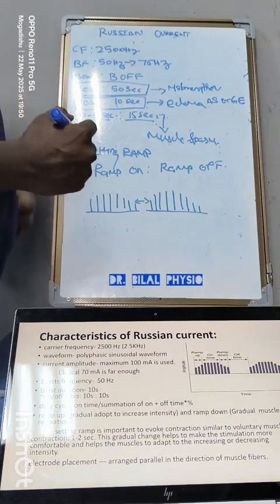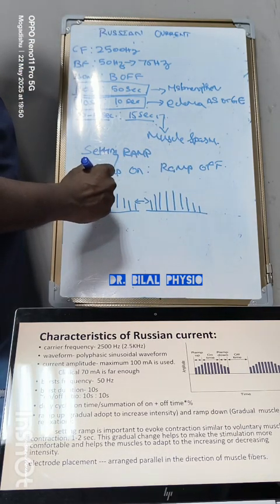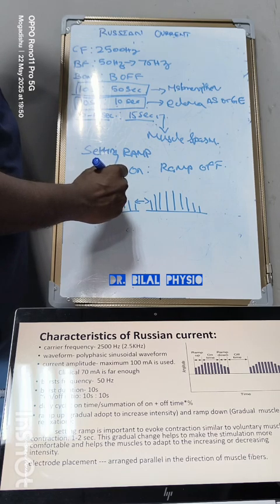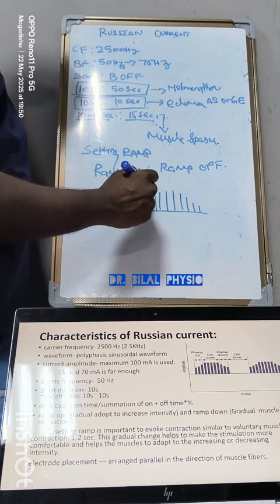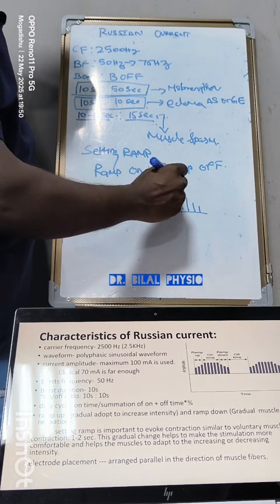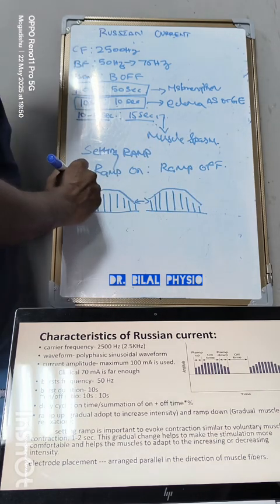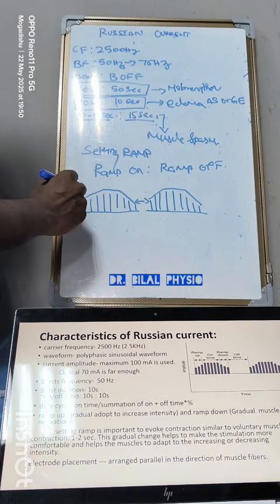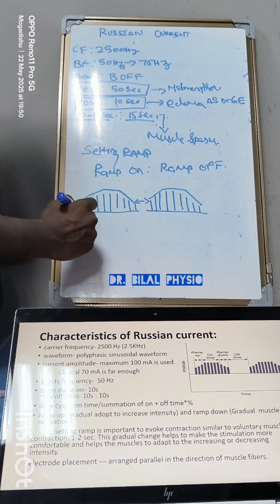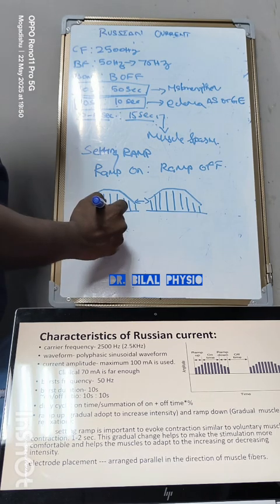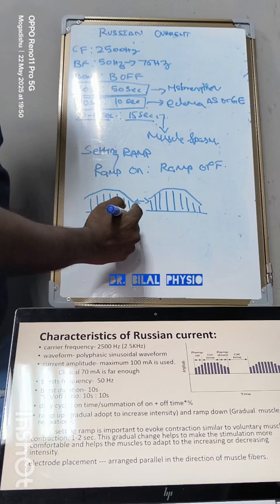This is the ramp up and a plateau followed by the ramp down. This kind of setup gives a voluntary-like muscle contraction.